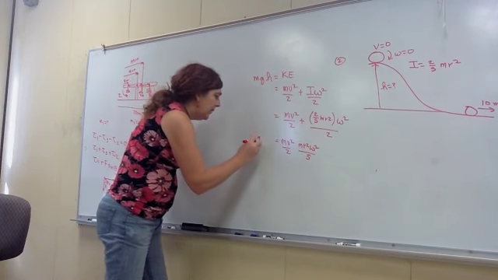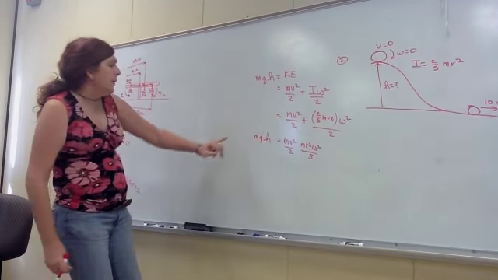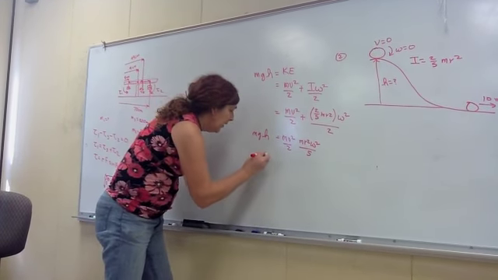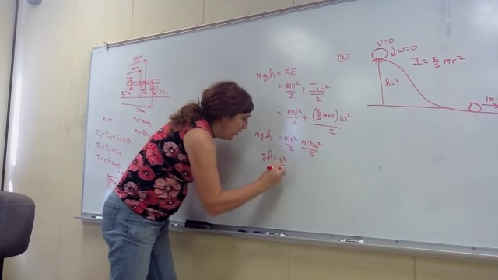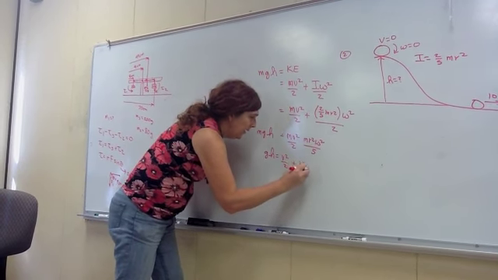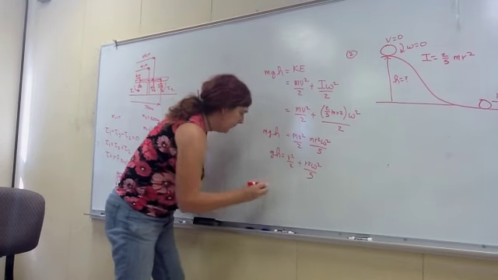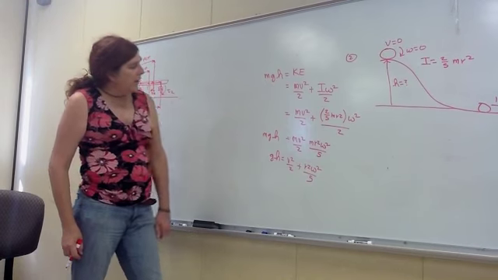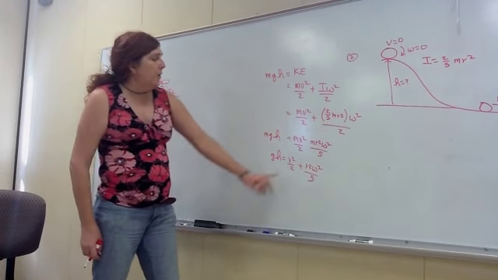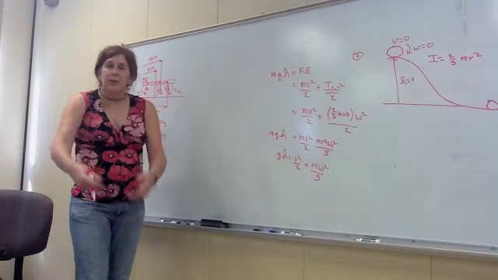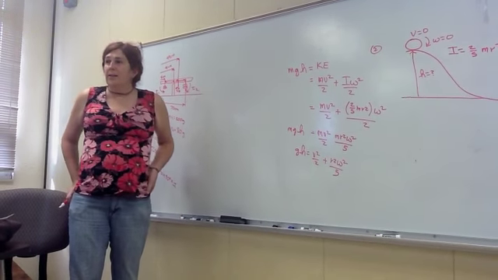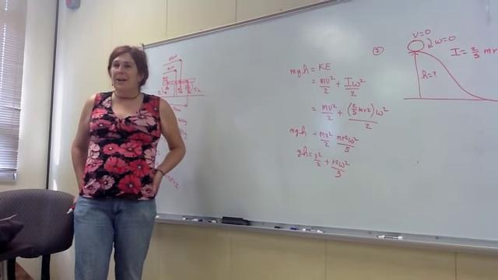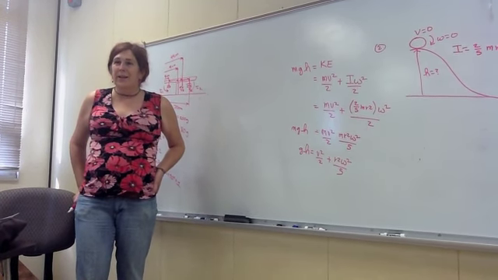And we have mgh. Well, immediately we can see we can knock out that m, which is good because we don't know what the m is. And we just about have what we need. We can divide through by g, but before we do that, we're kind of stuck because we don't know the radius and we don't know what its angular velocity is at the end. Does anybody have a suggestion about getting past this impasse that is not impassable, really?